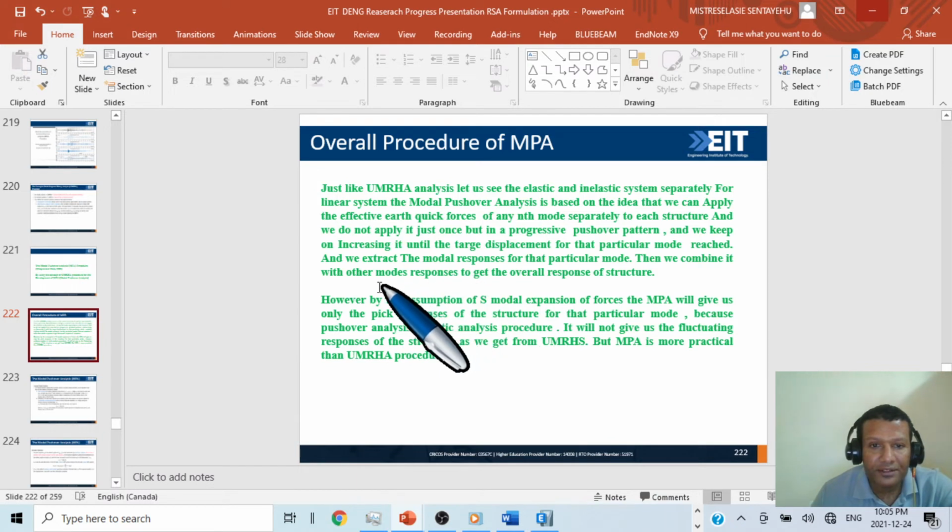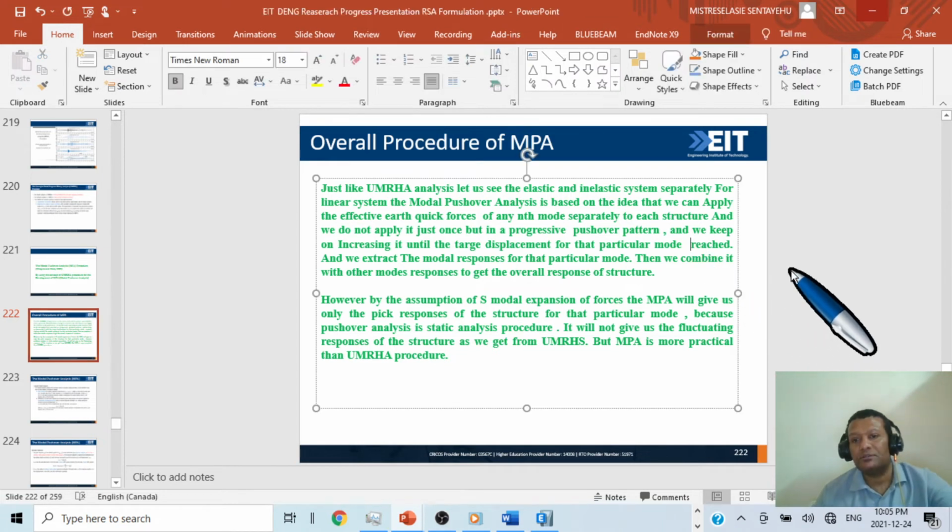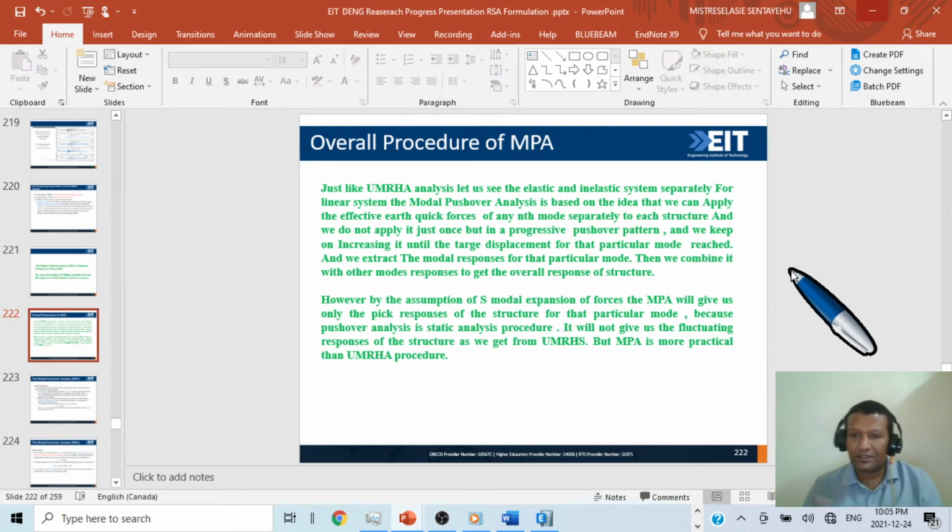Then we combine it with other mode responses to get the overall response of the structure. First we apply the first mode progressively, then the second mode progressively, the third mode progressively, and we will construct the pushover curve, and we will idealize it.